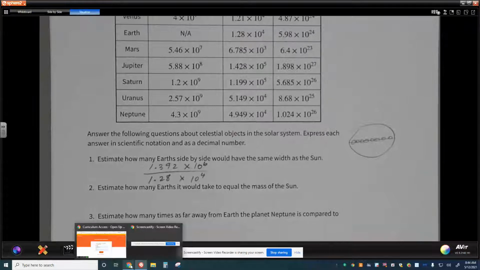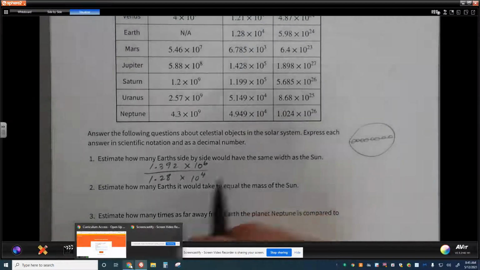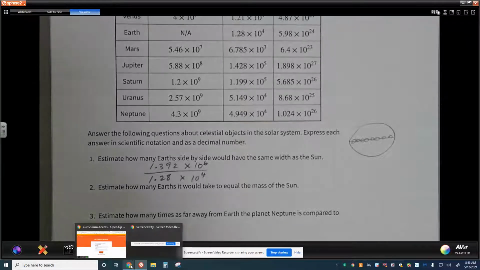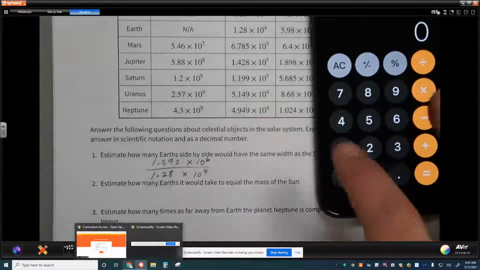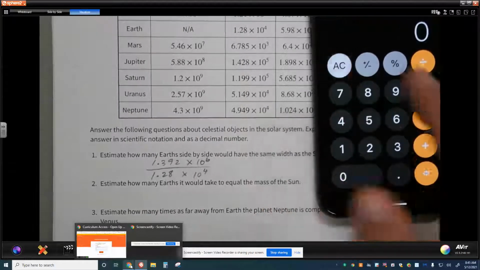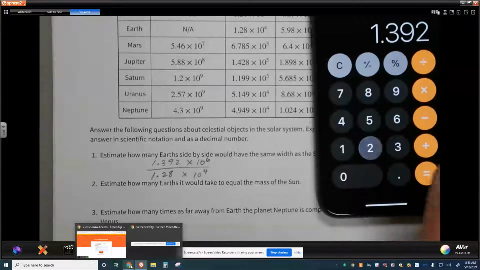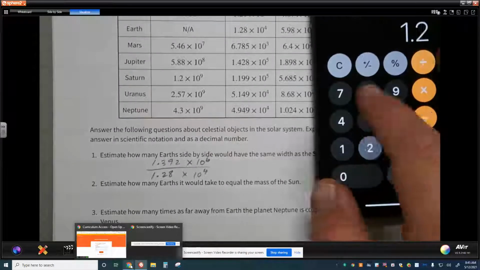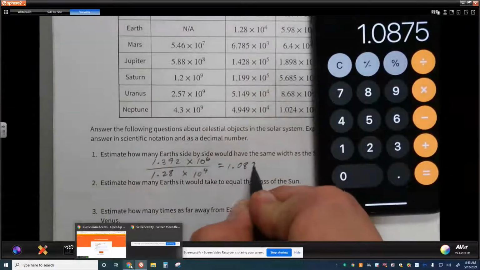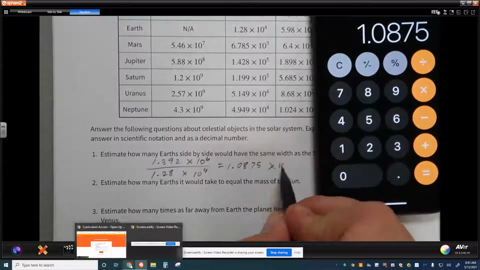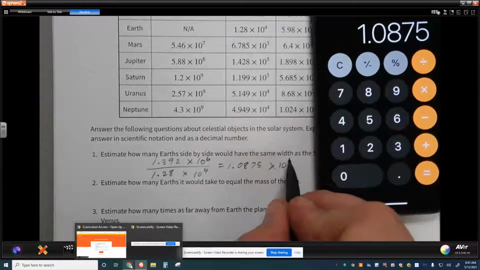Okay. Now, the next piece of this, when you have that, let me bring my calculator back up. 1.392 divided by 1.28 gives us 1.0875 times 10 to the quotient of power, subtract the exponents.